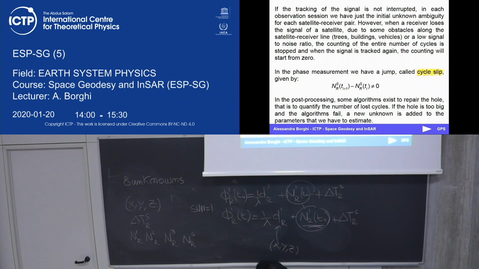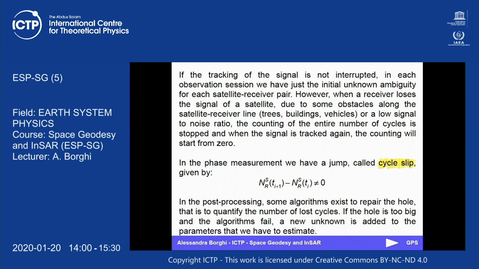Okay, so we have seen that this ambiguity is a constant value over time. It's not, sometimes we lose the signal from the satellite. So in this case, we have a cycle slip. It means that the ambiguity value at time t is not equal to the ambiguity value at time t plus 1.